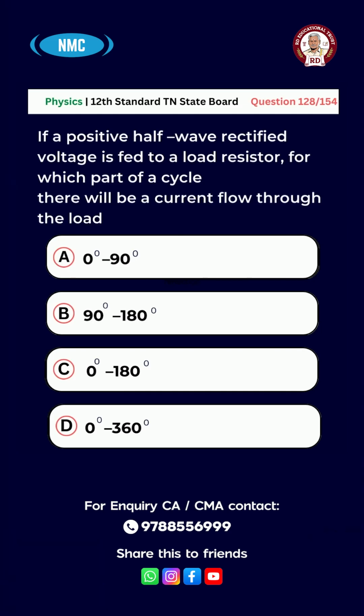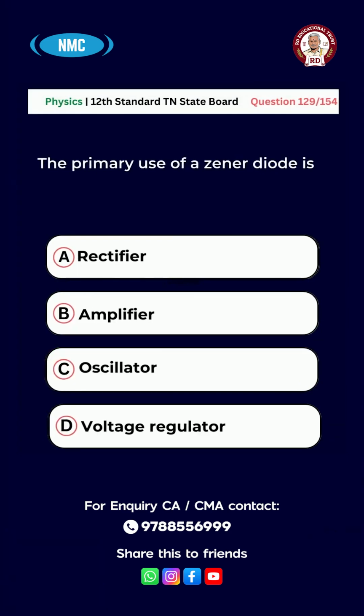The right answer is option C, 0 degree to 180 degree. Question number 129. The primary use of a Zener diode is: option A, rectifier; B, amplifier; C, oscillator; D, voltage regulator. The right answer is option D, voltage regulator.